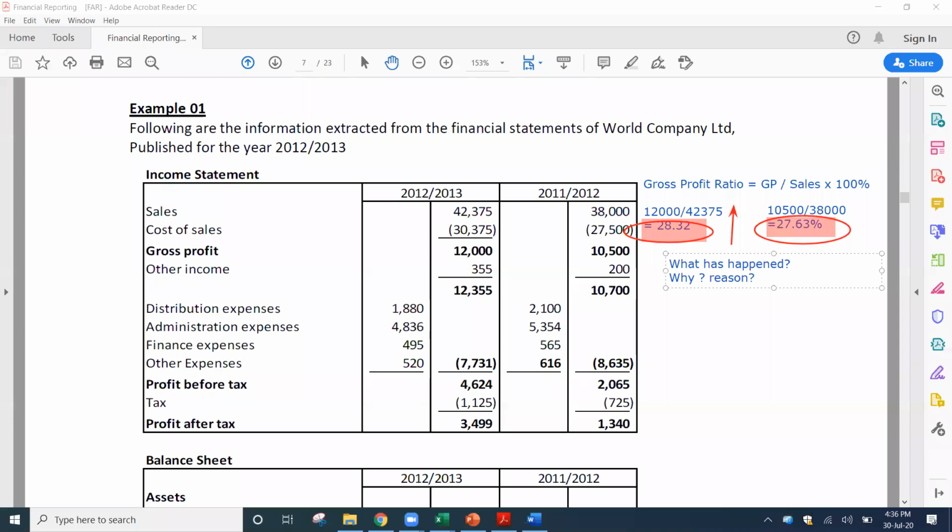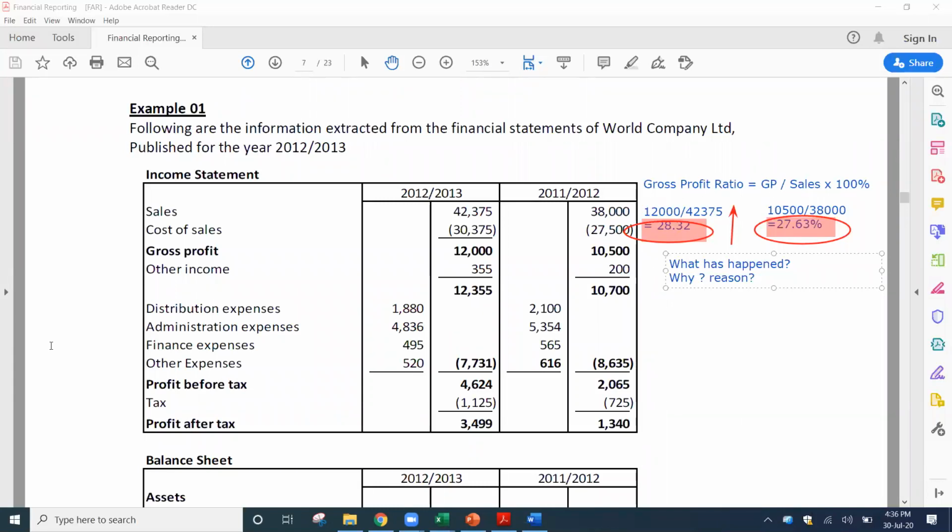Sales has increased. Company has sold goods. That is wrong. When the company sells goods, that doesn't increase the gross profit margin. What else? Both sales and gross profit has increased.